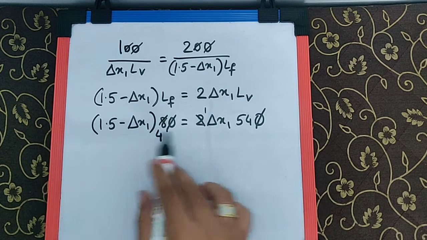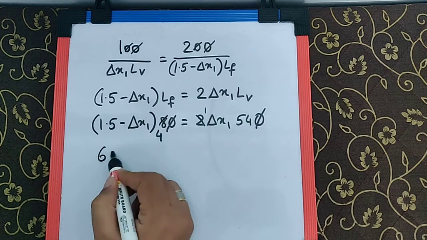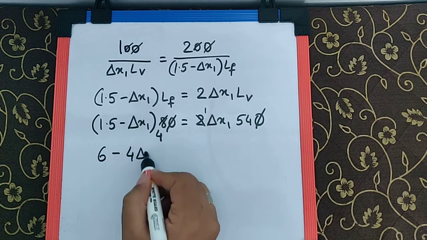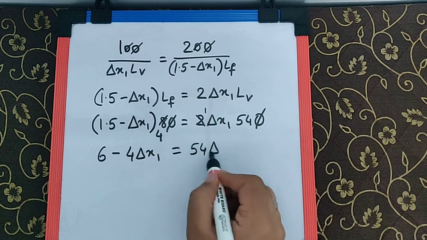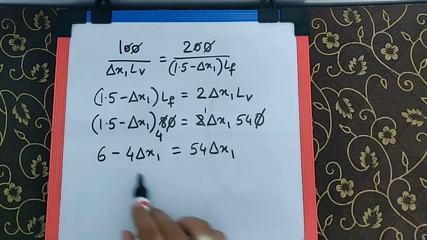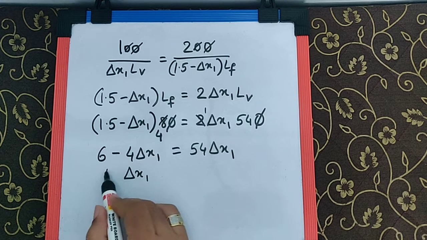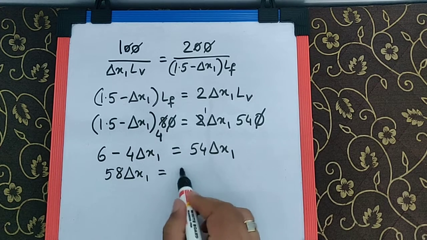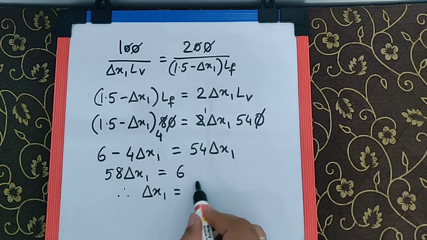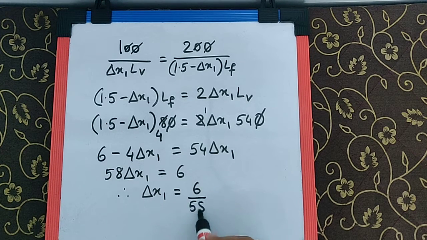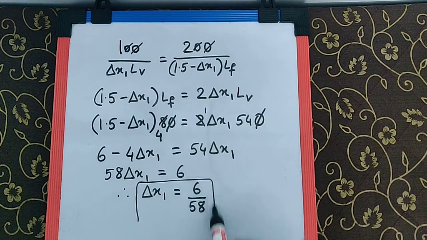Now if I open the brackets over here, we get 1.5 into 4 is 6 minus 4 times delta x1 is equal to 54 times delta x1. This goes over here, becomes the addition, and we get 58 times delta x1 is equal to 6, which means delta x1 is 6 upon 58.